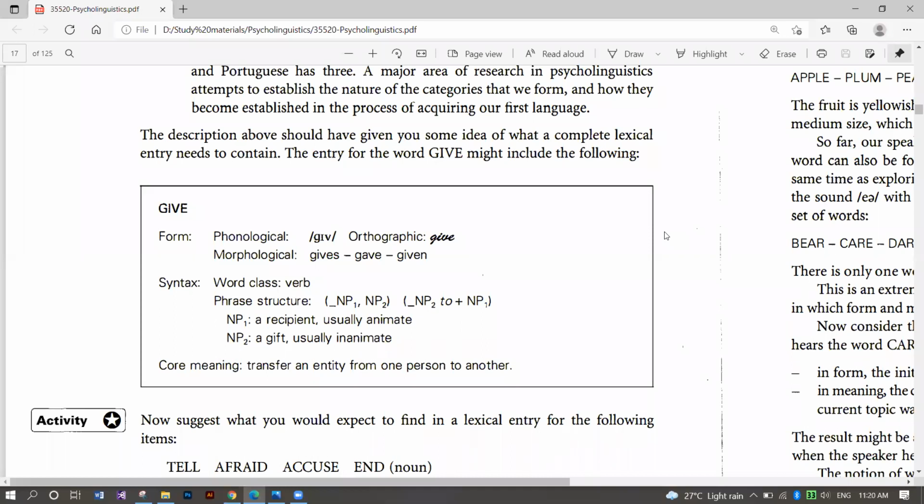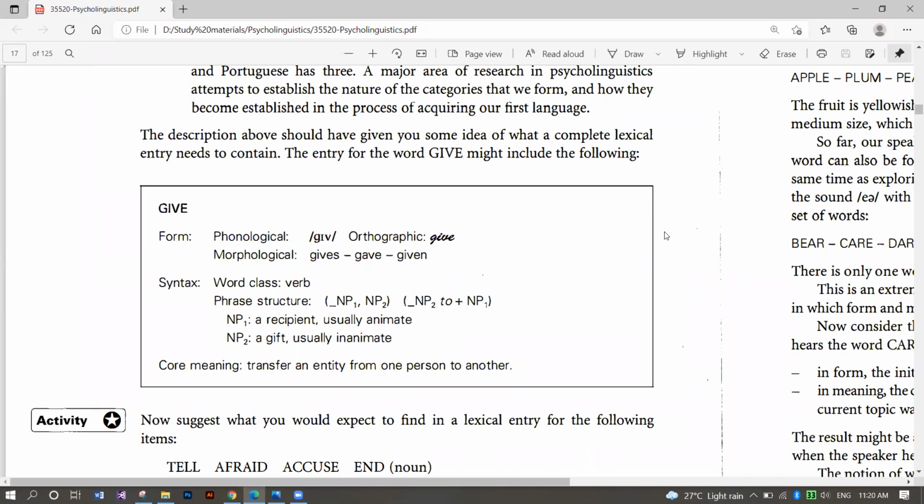I can give you this kind of question in your paper as well. I can give you words for which you have to write the form. Within form, how many forms exist for that specific word? It can be phonological and morphological as well. Then in syntax, in how many sentence forms is it used? For example, "give" can be used in the form of a verb, and in how many phrase structures is it used? It is used in different syntactic forms.